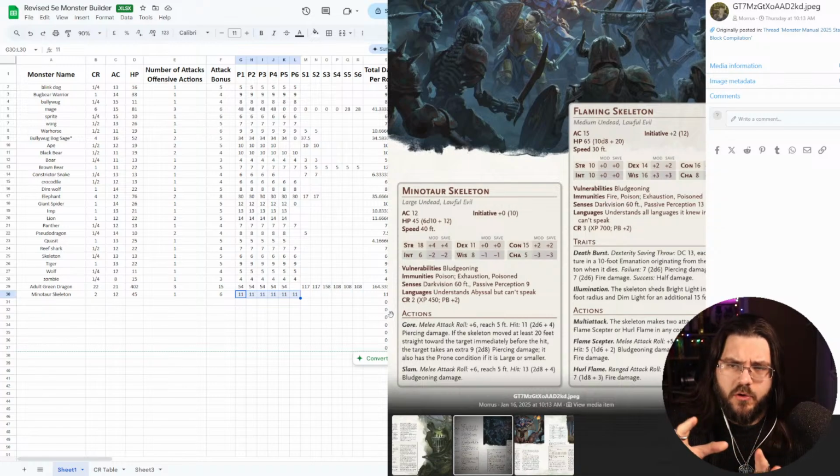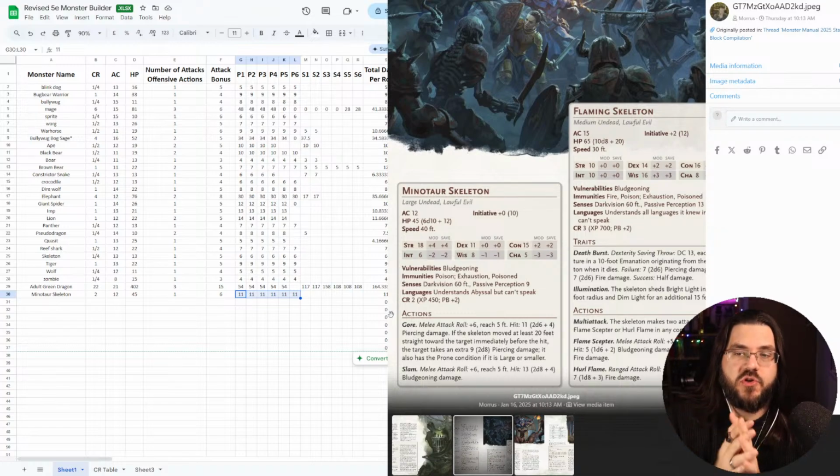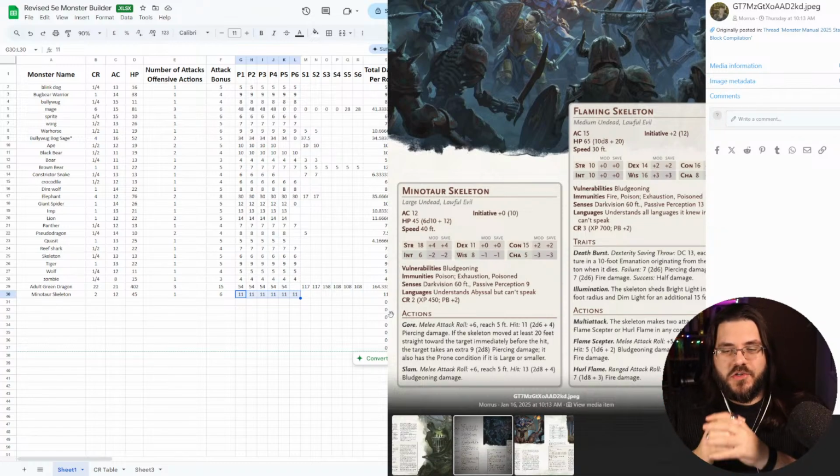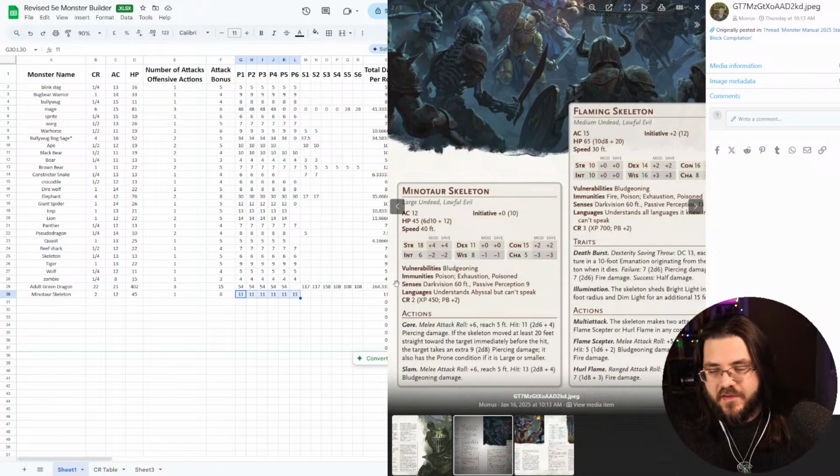It'll encourage a lot more attacks of opportunity from the players, but it will hopefully encourage a lot more dynamic fights as the GM is trying to maneuver these creatures to use these abilities rather than just stand in a line and hit each other Final Fantasy style.